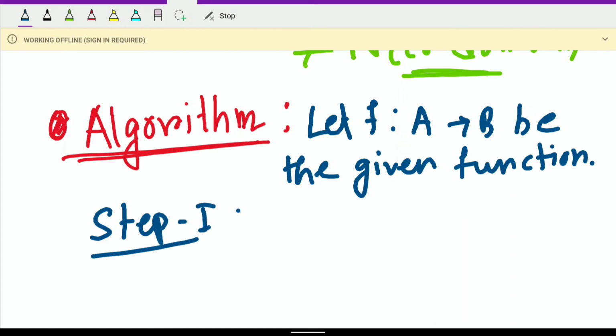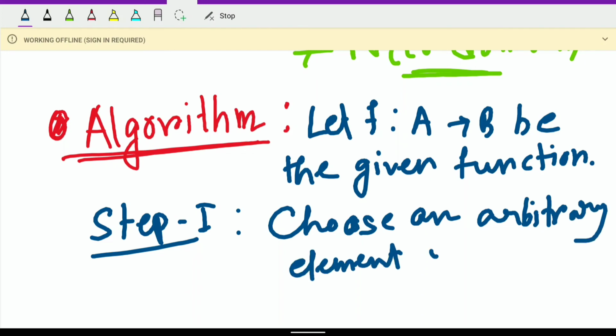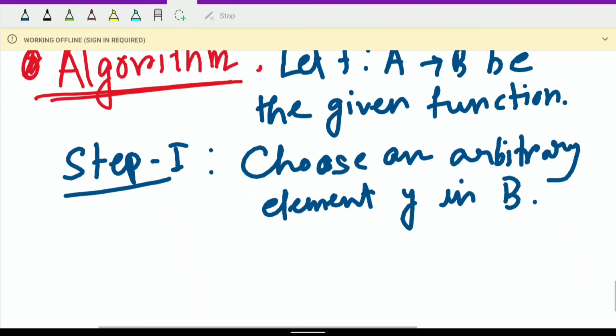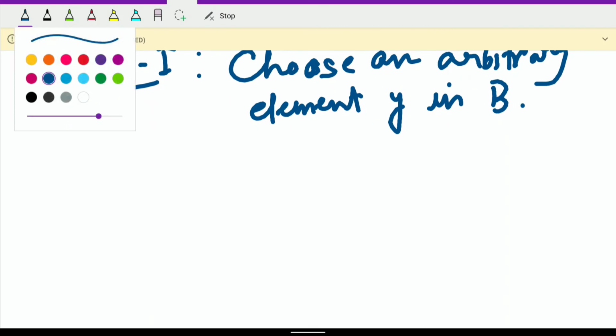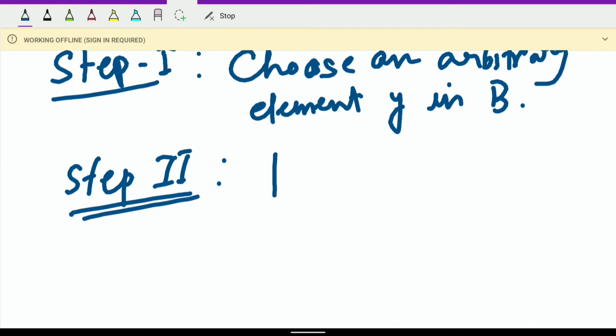Now step number 1 is to choose an arbitrary element y in B. Okay, y in set B. Now step number 2, I'm writing the steps step by step, right?